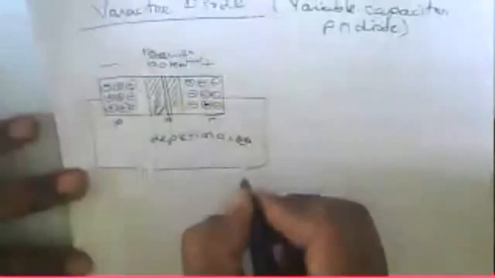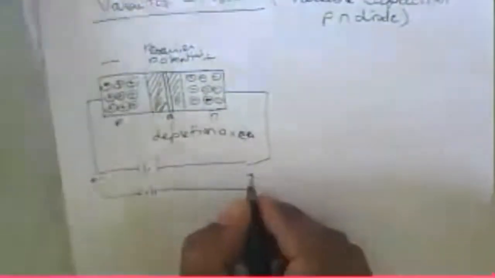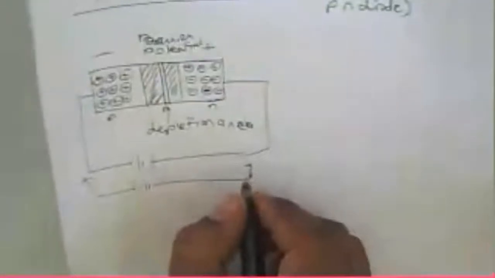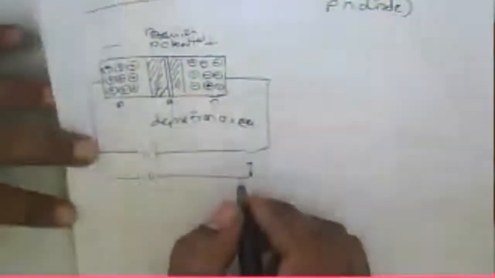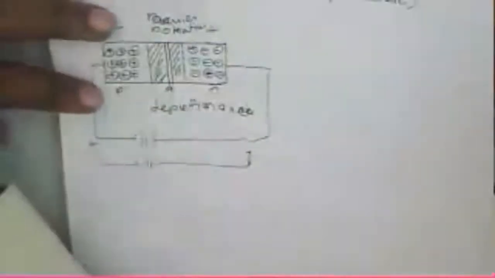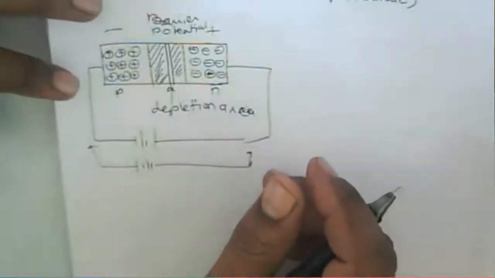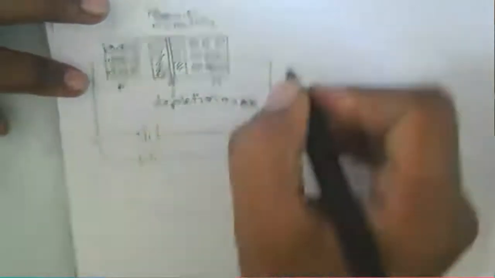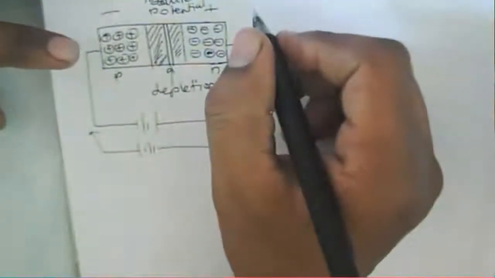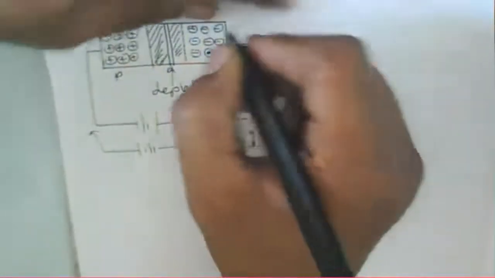Then, whether it works with a positive bias or a negative bias, we can consider different ways of applying it, meaning a forward bias or a reverse bias diode. Okay, nothing more.